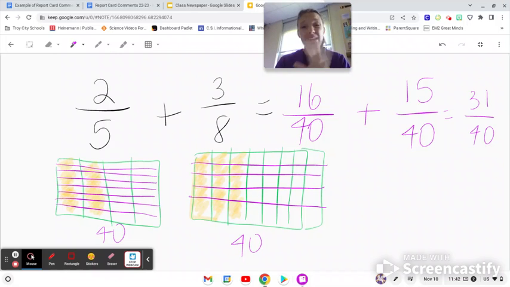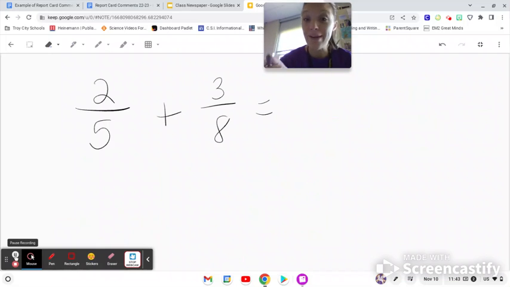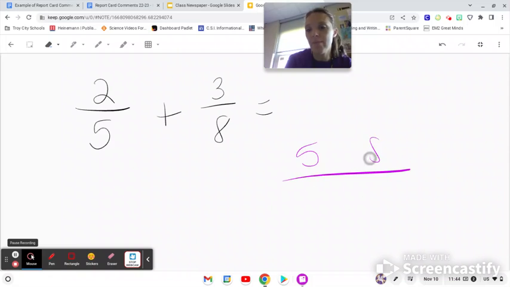Now, if drawing a model isn't your thing and you can do this numerically in your head, let's take a look at what this would look like. All right, so parents, this might sound familiar to you because these are some terminologies that we learned as kids. So we're going to find the least common multiple to come up with a common denominator. So I'll take my 5ths and my 8ths.